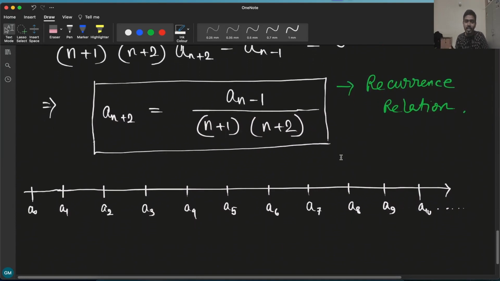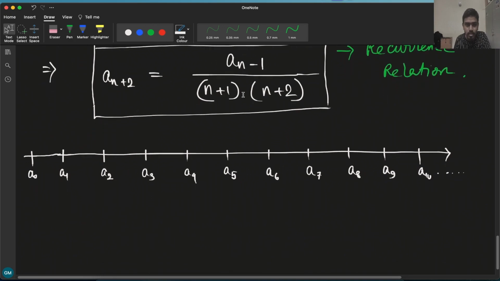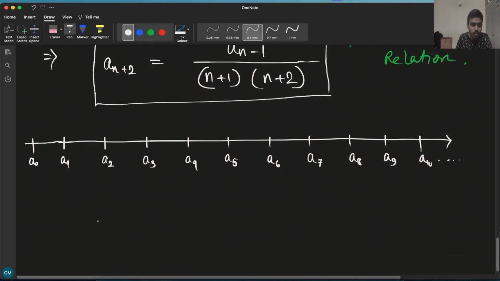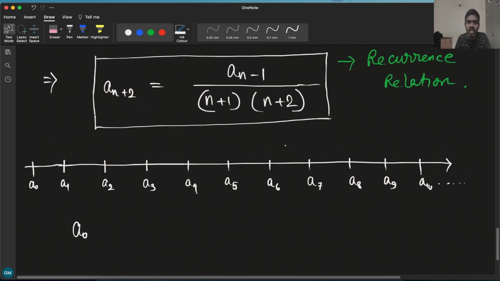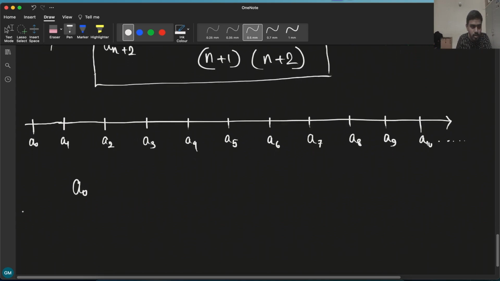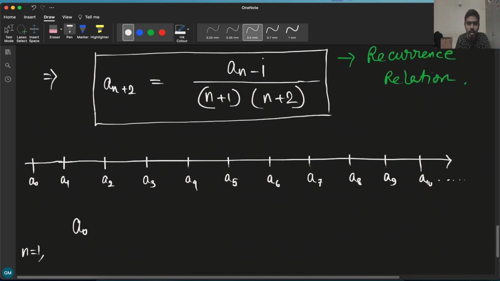So let's see what this recurrence relation does. Let's assume I know a0. If I put n equals 1 in this recurrence relation, what will it give?